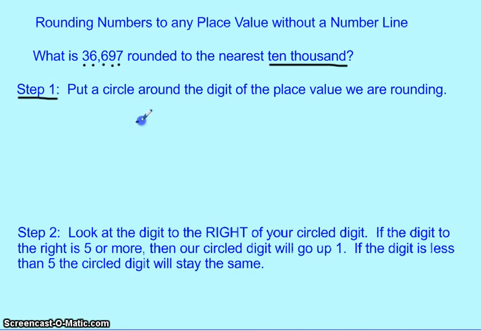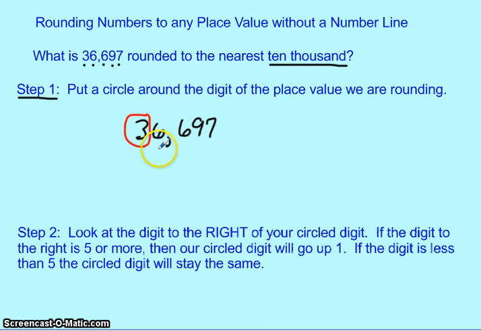So if I were to write this number again, 36,697. We're looking at the 10,000s place. All right? So now we know we're counting by 10,000. So we're at 3 10,000s.